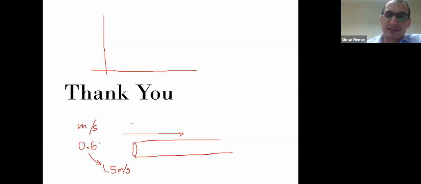The second thing, if there is a scenario for operating one pump or two pumps, when I do a selection, I should not depend on the curve of one pump only. I have to see this is the curve of one pump, and this is the curve for two pumps working together. Then I have to see the system curve.